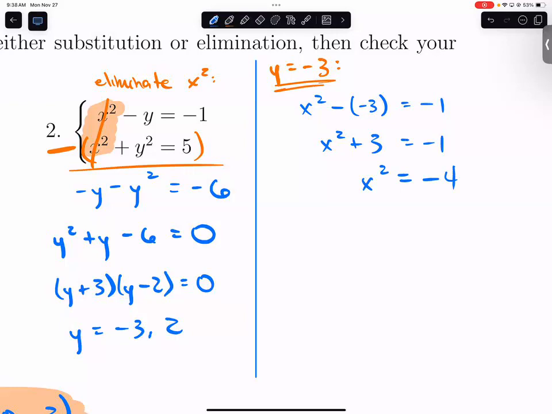Those will be imaginary, right? If we're talking about solving a system of equations, though, we're talking about finding solutions on the graph or points where they intersect. These would be imaginary. Because those will be imaginary and I'm interested in figuring out where these things intersect, that means that they don't.